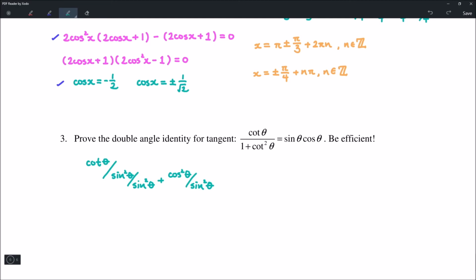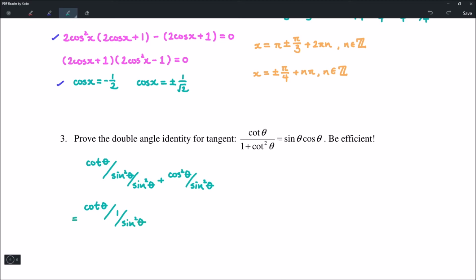So notice that we have a common denominator in the lower part here, and that is sine square theta, and of course sine square theta plus cosine square theta is equal to 1 using the Pythagorean identity, so we actually can rewrite this as just the following. And that's it.